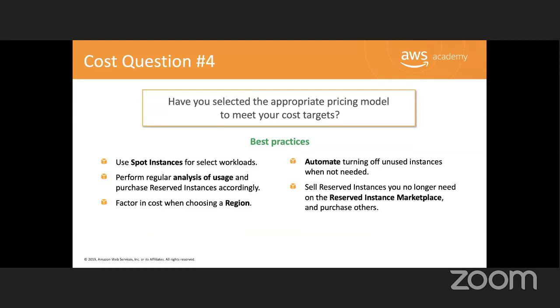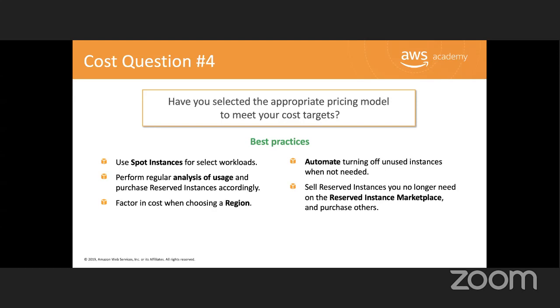Question 4, have you selected the appropriate pricing model to meet your cost targets? Use spot instances for selected workloads. That's one of the use cases of spot instances. Perform regular analysis of usage and purchase reserved instances accordingly. And factor in cost when choosing a region. Remember that cost varies from region to region, that's very important, and availability zone to availability zone.